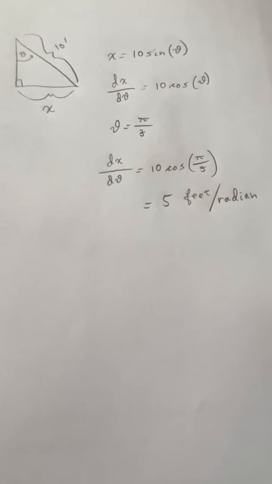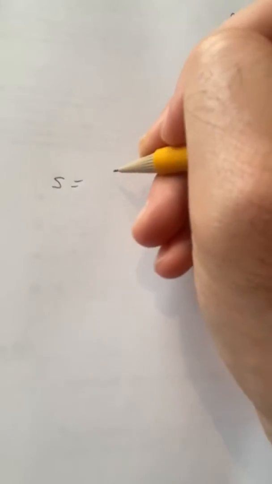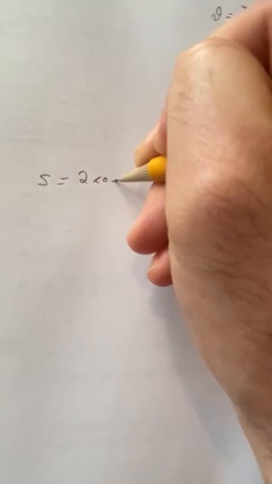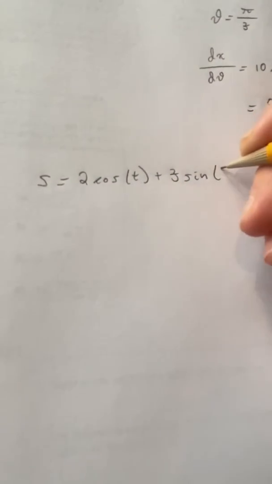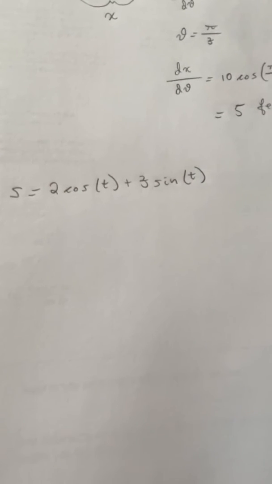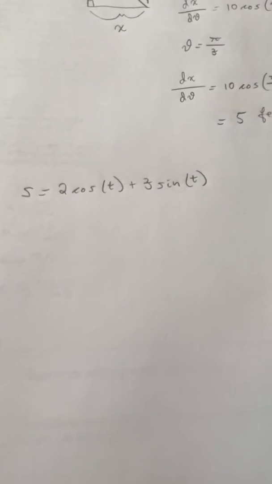But this same kind of idea can be applied to any type of equation. A real common one that you'll see is if you're given a position equation. For instance, if you're given a position function, oftentimes it'll be written as s. So if you're given a position function like s equals, say, 2 cosine t plus 3 sine t, you might be asked, what's an equation for the velocity?